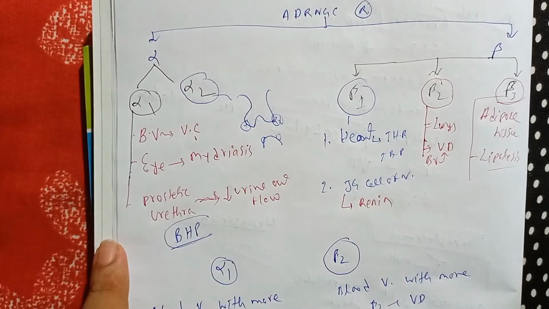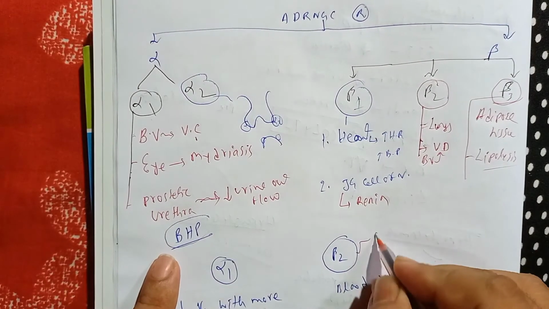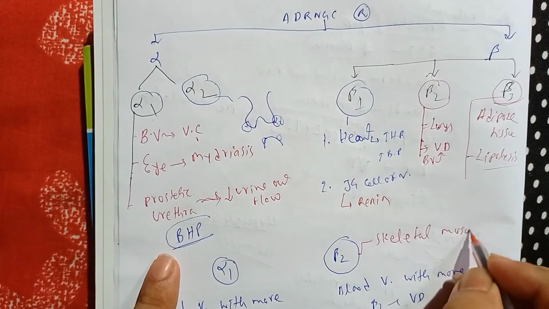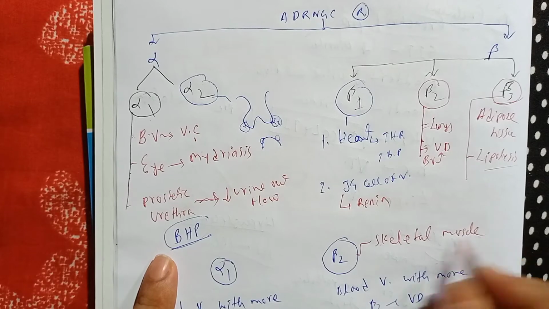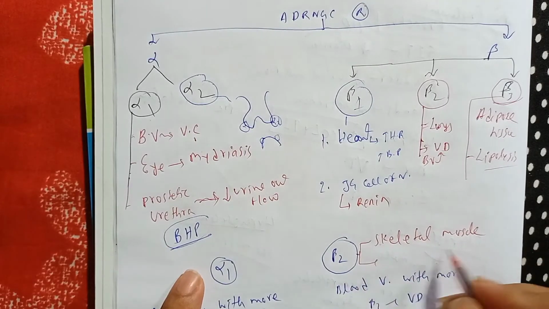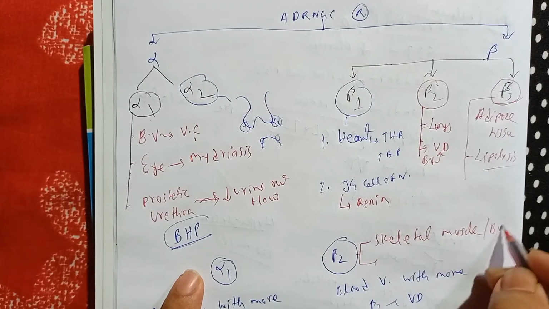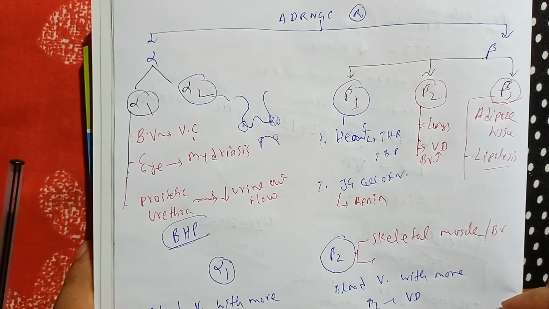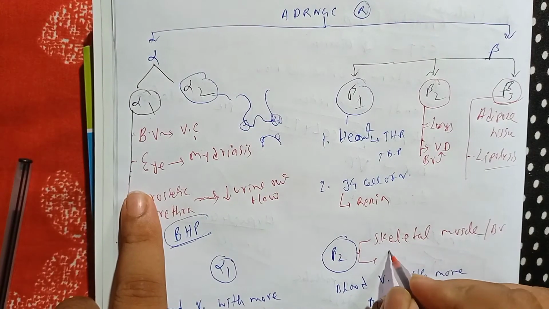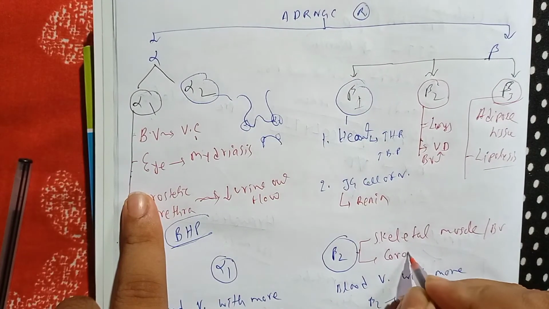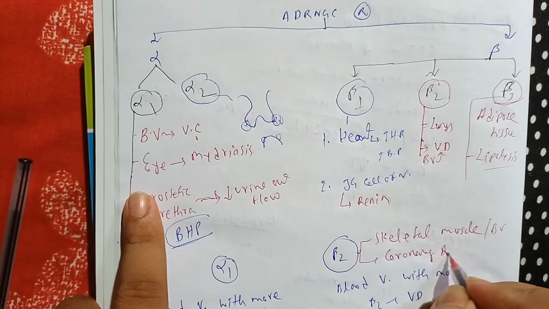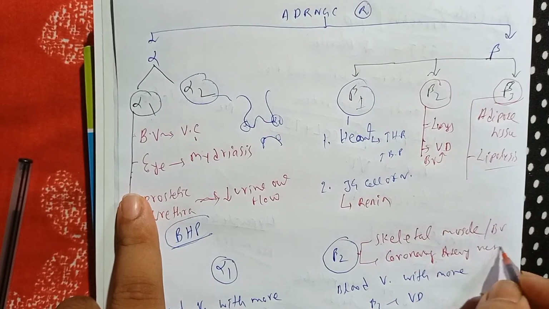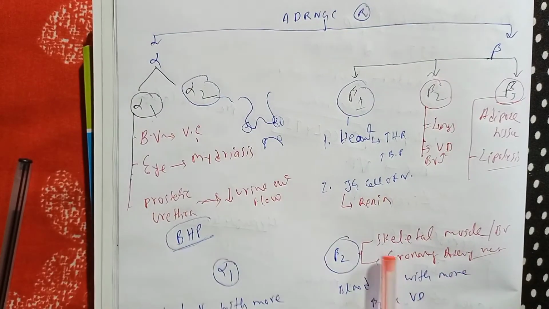The beta 2 in some places in our body, like the vessels of the skeletal muscles, the skeletal muscle blood vessels, as well as the coronary arteries, that means the vessels within the heart.